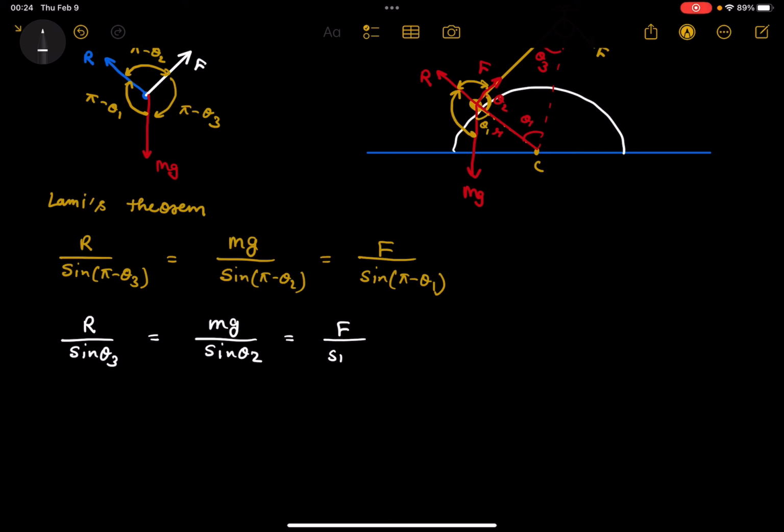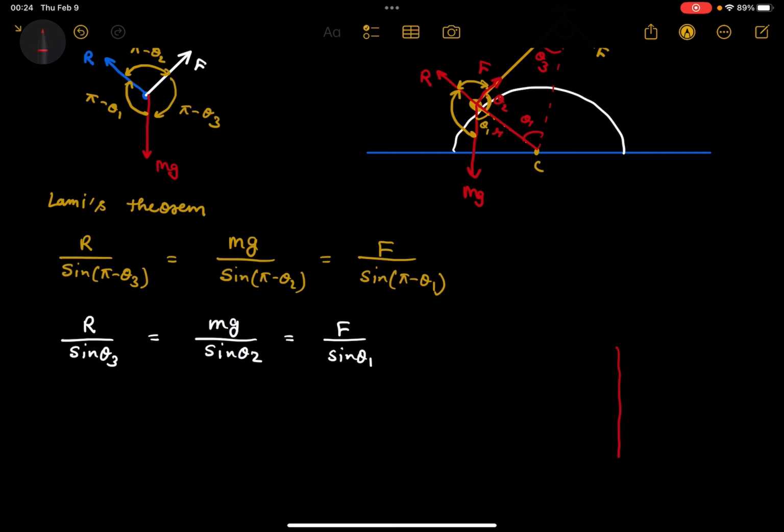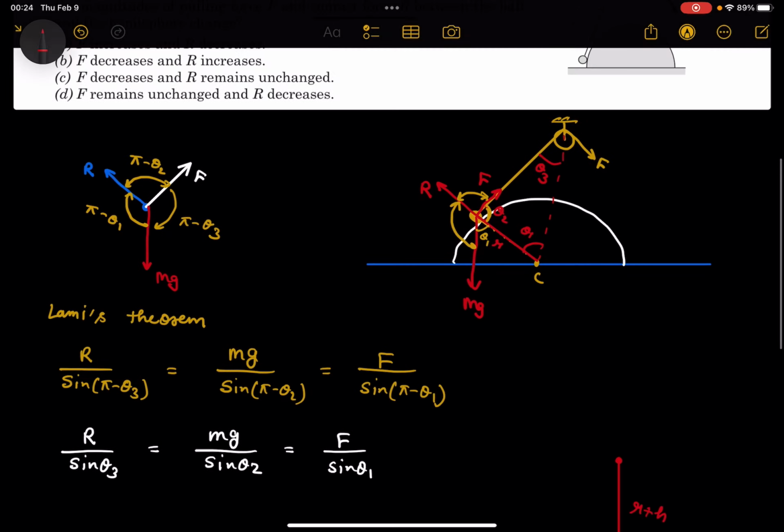Now, my dear friends, I draw the geometrical structure. So this is the pulley point, the center of the hemisphere to the pulley center. So this height is r plus small r plus h, where h is the height from the ground, from this surface.